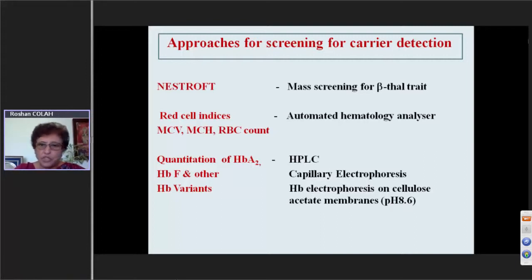So these automated machines can very accurately give you the quantitation of A2, F, or any other hemoglobins. If you don't have these facilities, it's still possible to do a hemoglobin electrophoresis, which is much cheaper, on cellulose acetate, or you can do a column chromatography and quantitate A2.